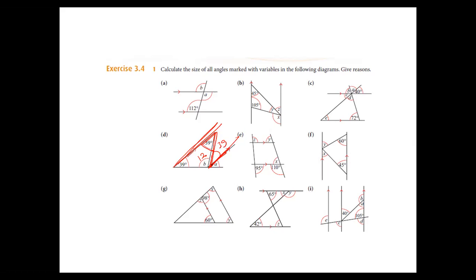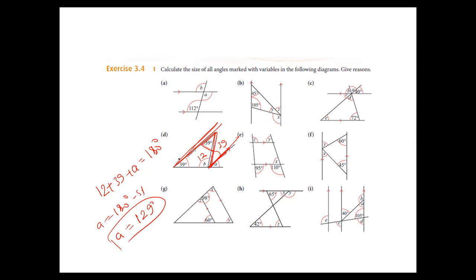Then b plus 39 plus a are supplementary angles, adding up to 180 degrees. So 180 degrees minus 51, and a is equal to 129.